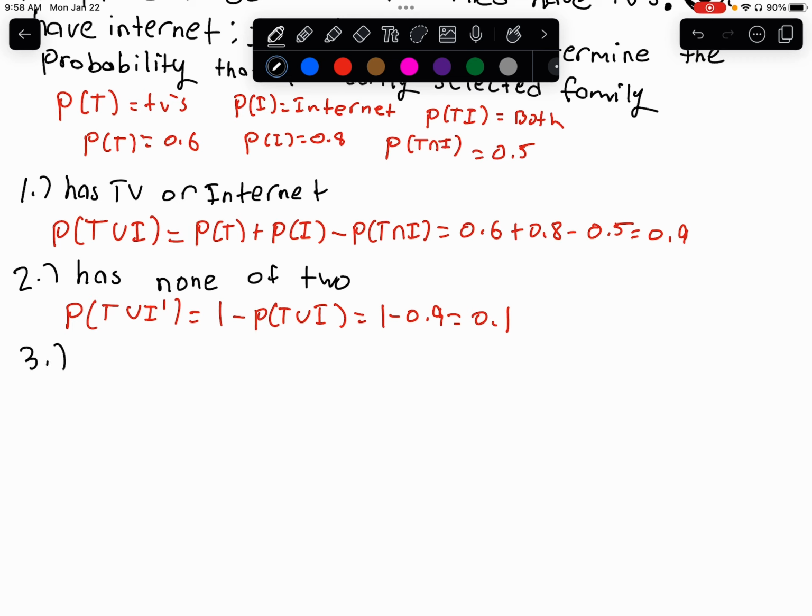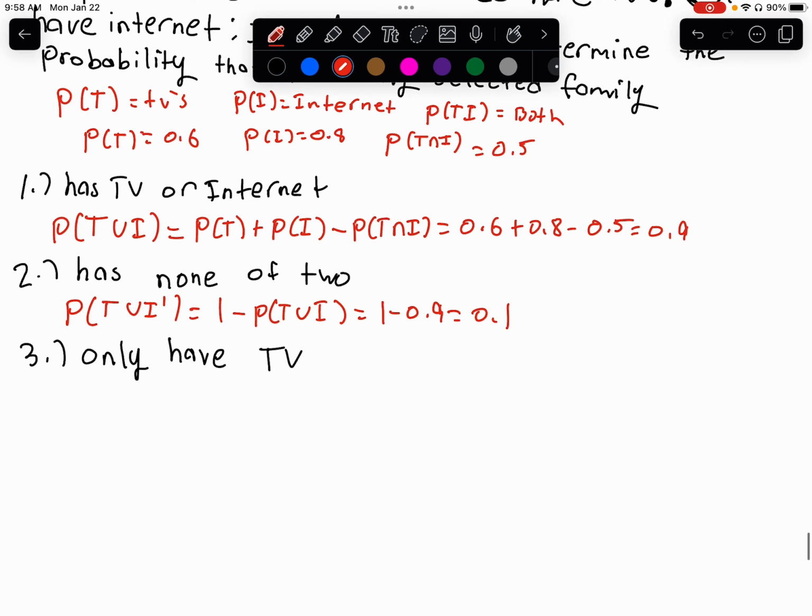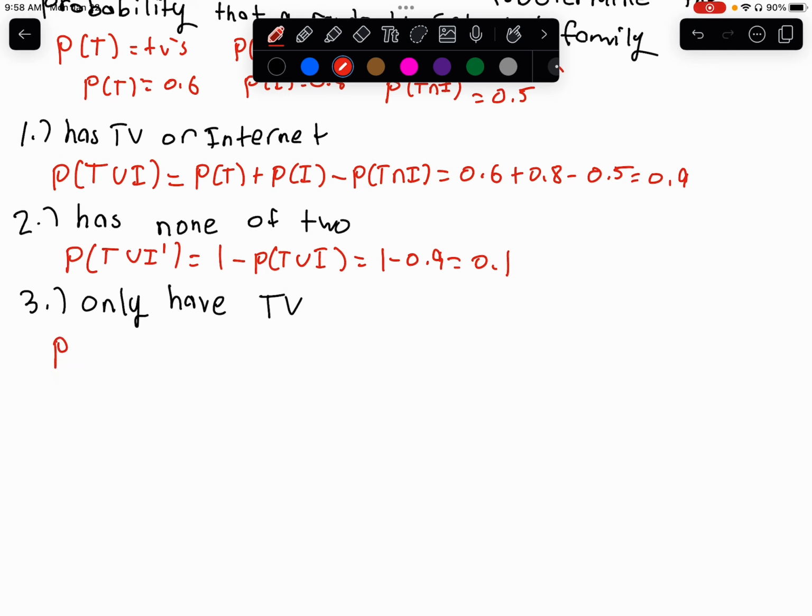Third one, they only have TV. So if they only have TV cable, if T occurs, I, internet, is not in the equation.